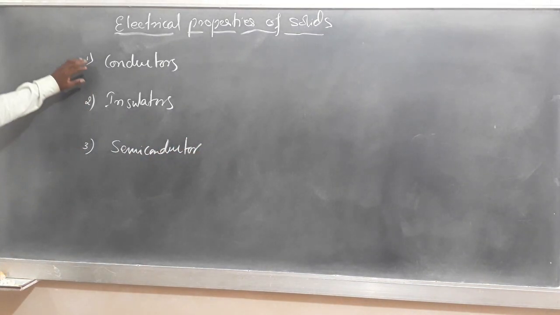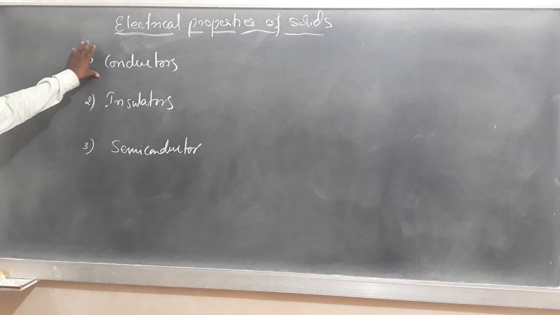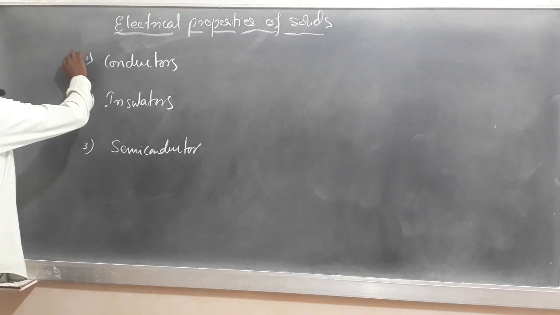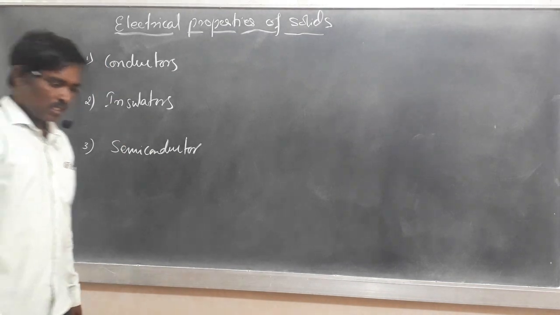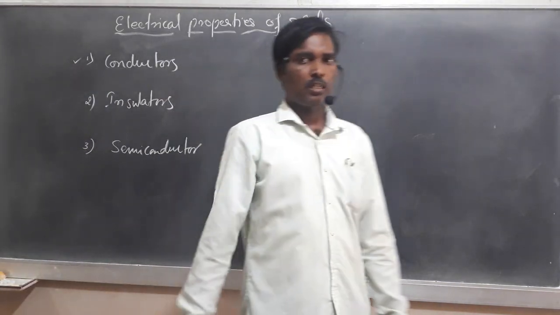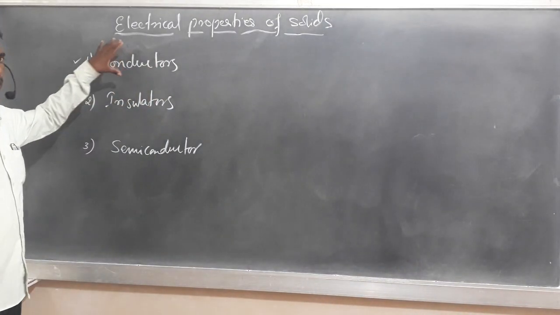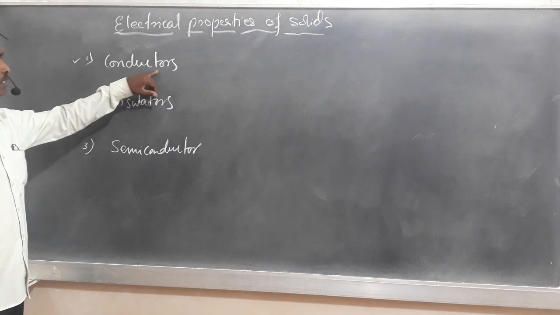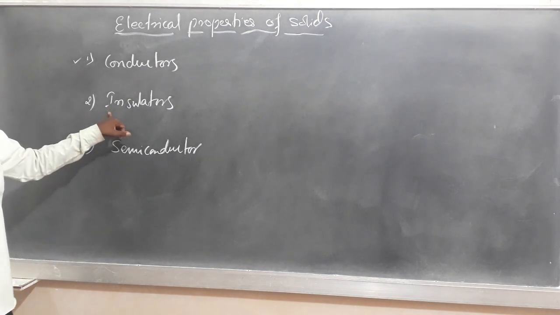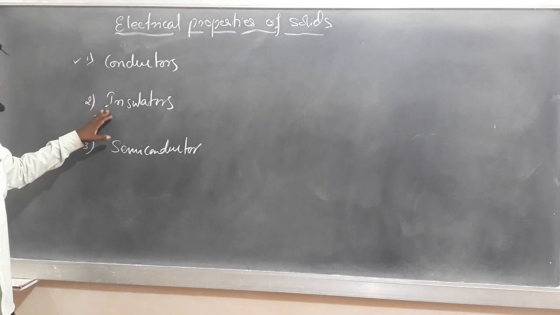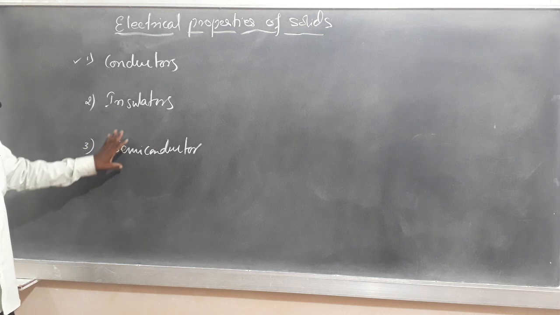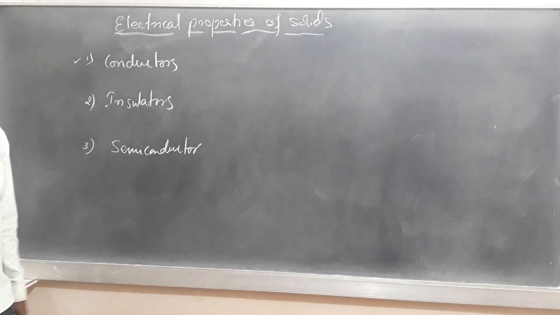These are the three types of solids. Conductors are the ones which carry the current. If a solid substance carries current, then we call it a conductor. Insulators are the ones which do not carry current. And semiconductors are in between conductors and insulators.